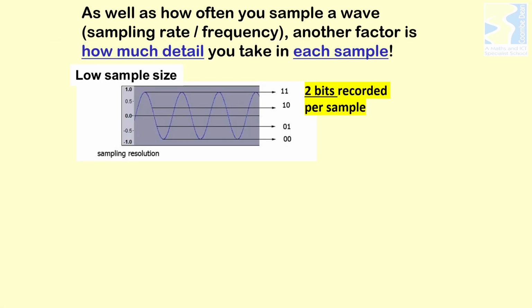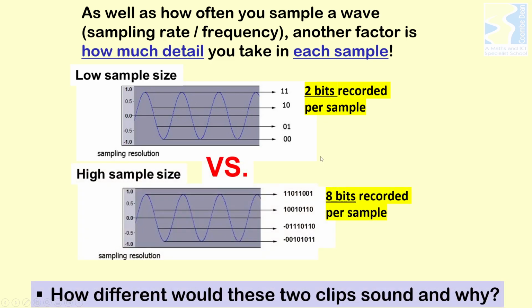As well as how often you sample a wave, another factor is how much detail you take about each sample. If I only record 2 bits per sample, I'm only going to get a very rough reading. However, if I take 8 bits of detail per sample, I'm going to have a lot more detail about that sample. So a lot more detail would mean it's better and closer to the original, but obviously then there's more binary numbers to be stored.